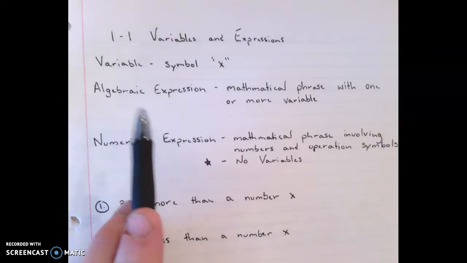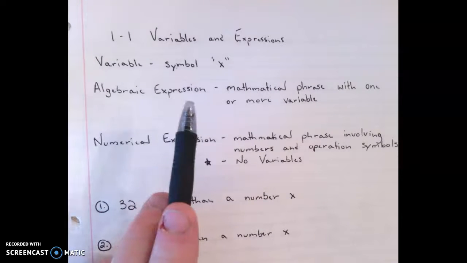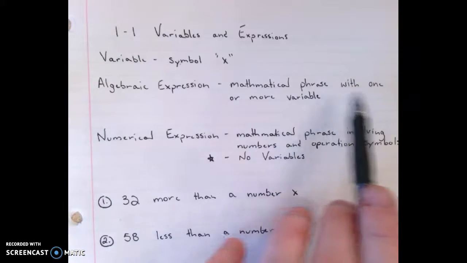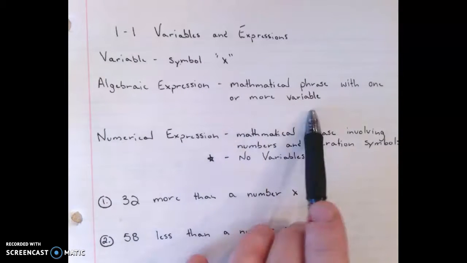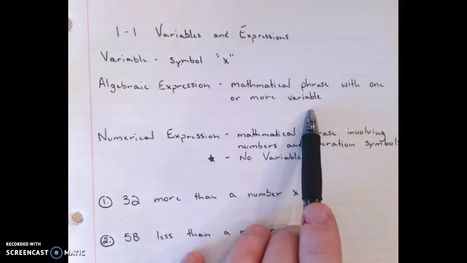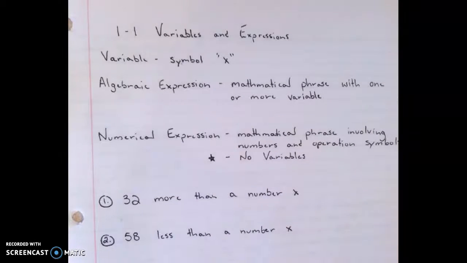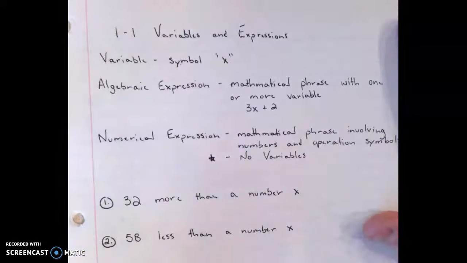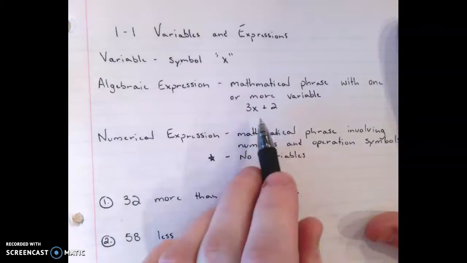It's just an unknown term, and you guys have been using variables for the last couple of years now. Our next term is an algebraic expression. There's a key word here: it's a mathematical phrase with one or more variables. An example of this would be 3x + 2. That's a mathematical phrase.